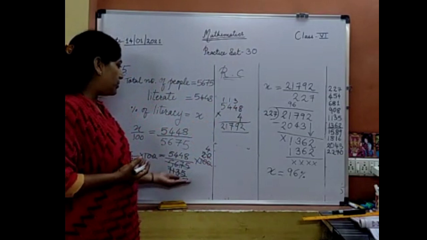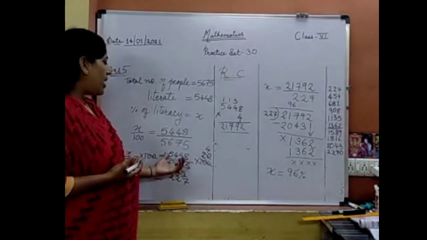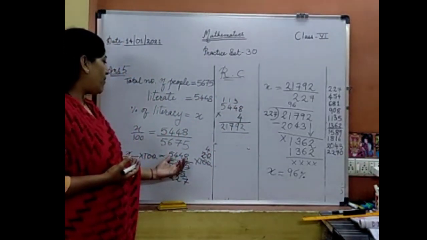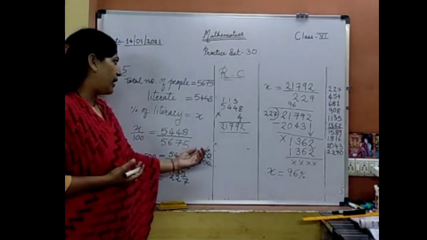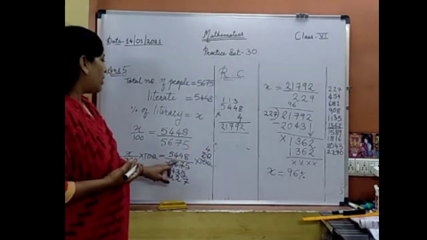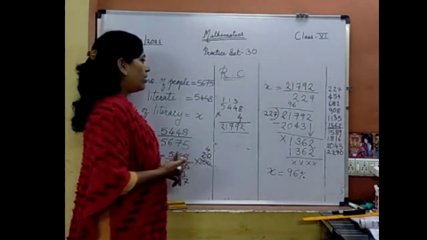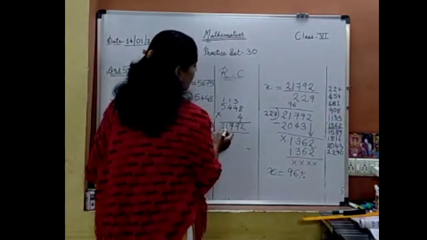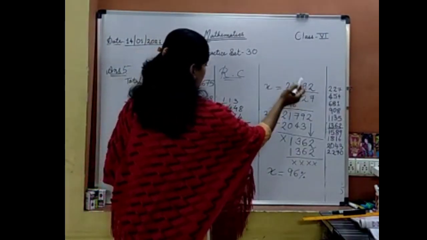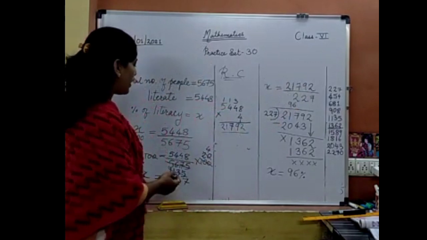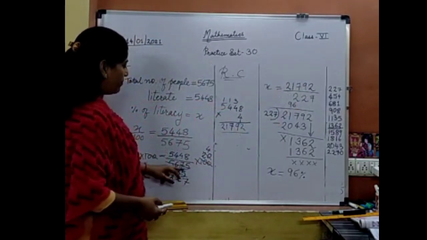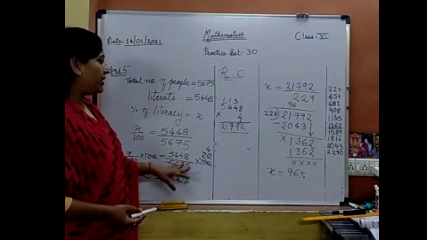By making the number smaller, see the number what we get after 5448 multiplied by 4, we got 21,792. Then we have divided it with 227 that we got the smaller number after division.